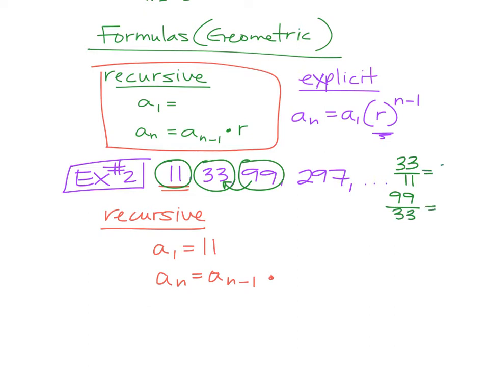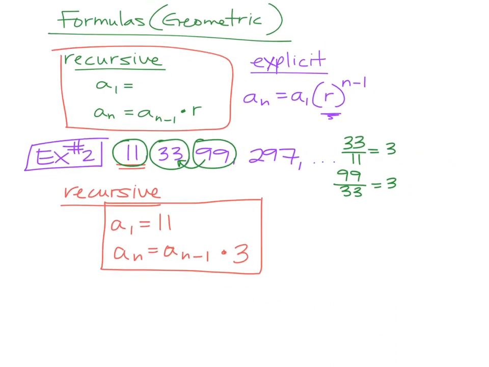Either way, you get a 3 out of that. So any term divided by the term in front of it should be the common ratio. So we're going to put a 3 right there, and that is your recursive formula. So this would be your answer for recursive.